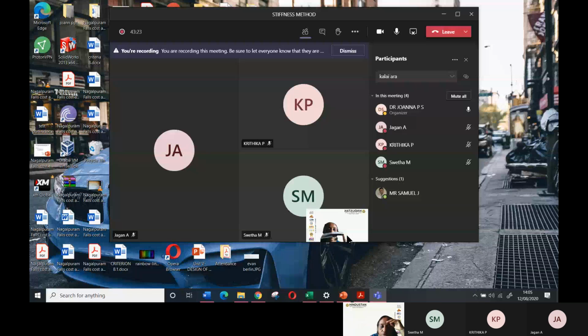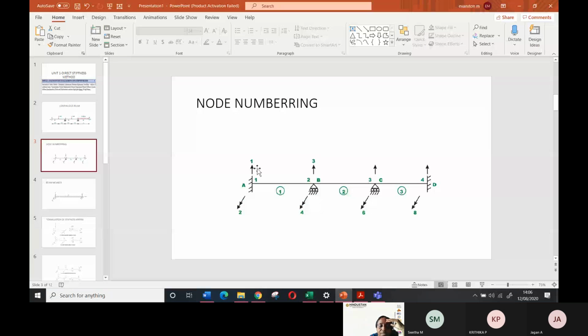So can you put it in your note? Fixed support. This is the pictorial representation for the fixed support. There is no vertical translation.